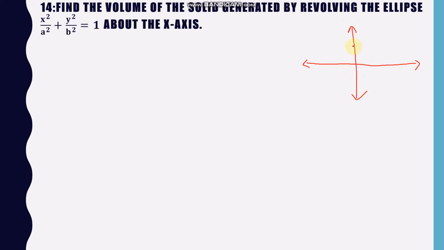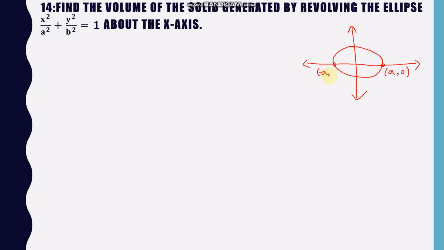So the ellipse is like this. This point is a comma 0, and this point is minus a comma 0.